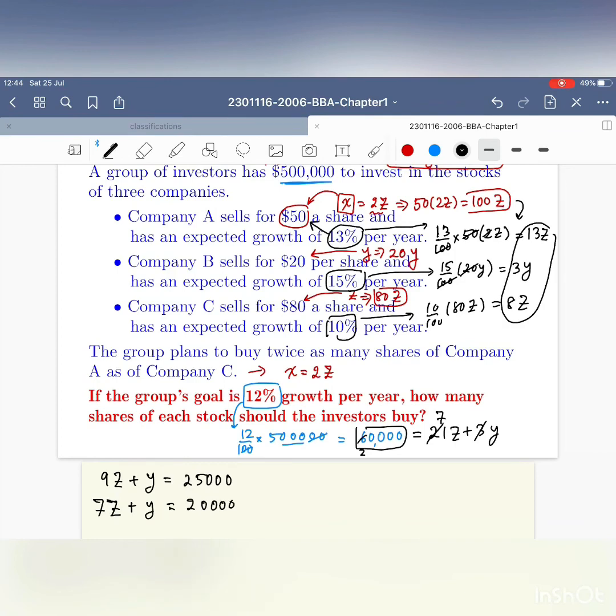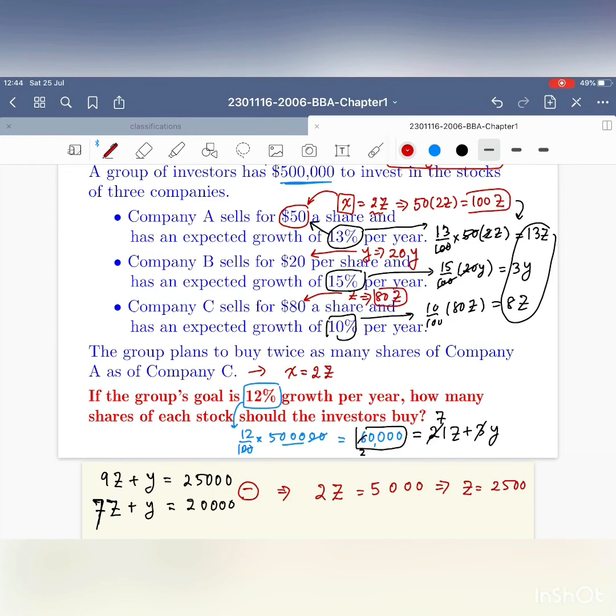If you do it this way, then you don't really need to use a matrix, right? You don't use too many things to solve a simple problem. You can just go ahead and do subtraction, right? So your 2Z equals only 5,000 and your Z is simply 2,500.